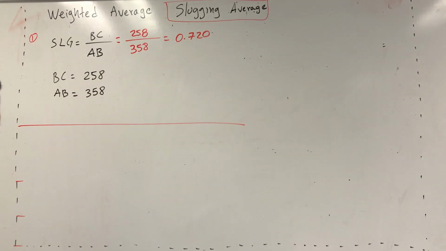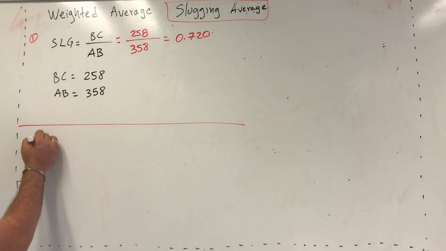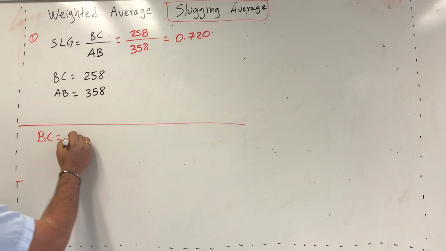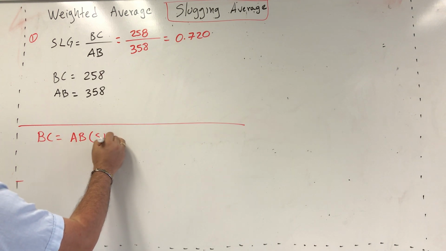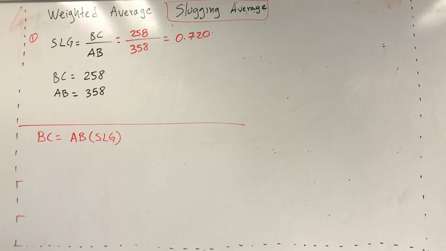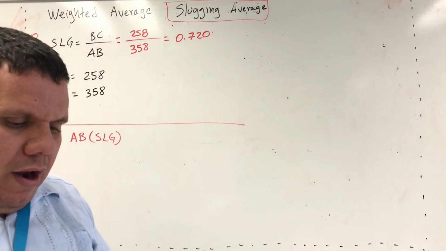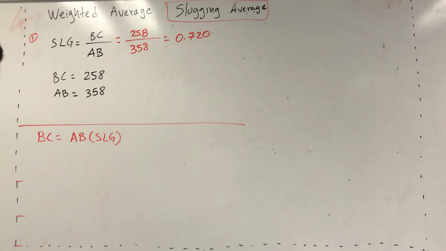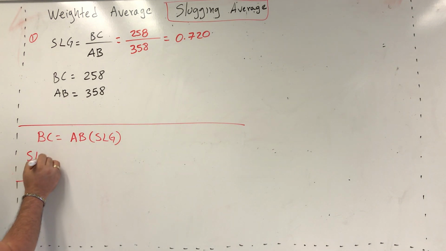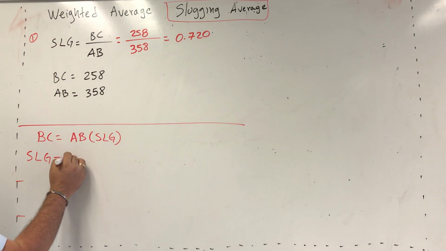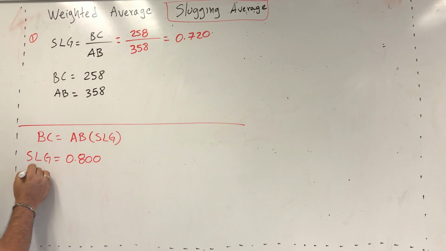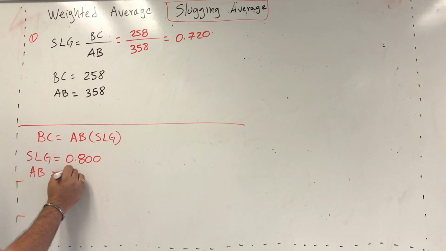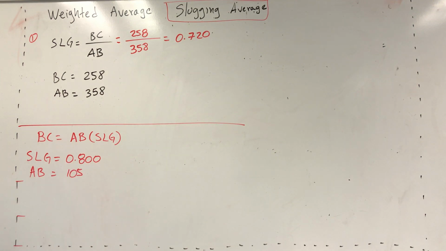Okay, if you follow the formula, bases counted equals at bat times the slugging average. So what if one player has a slugging average of 0.800 and he went to bat 105 times?